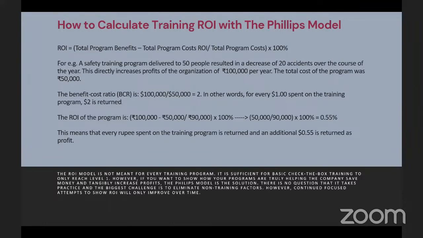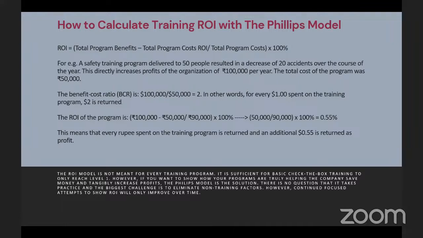This model is all about return on investment: how do we get the return on whatever training program we have invested into? The simple, but not very simple, formula of ROI is total program benefits minus total program cost, divided by total program cost, multiplied by 100%.